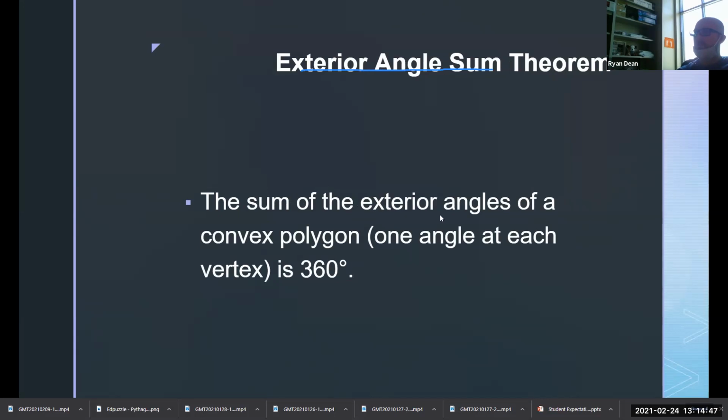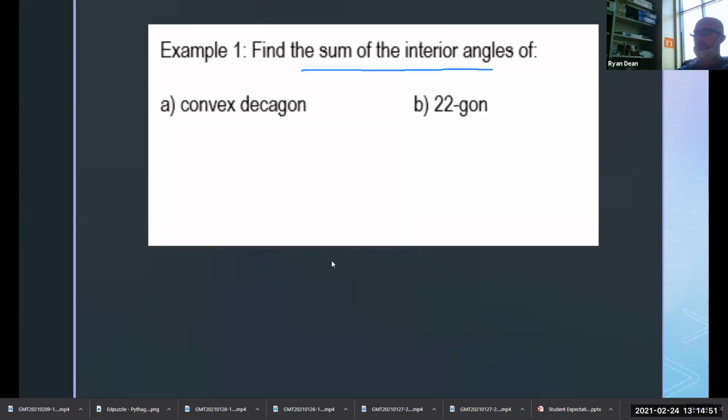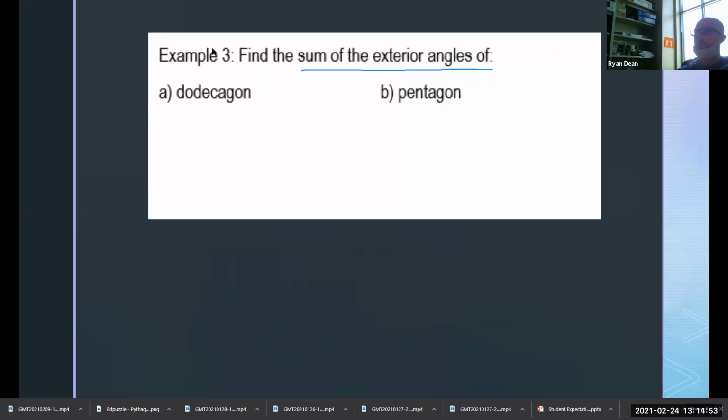The sum of the exterior angles is 360 degrees. So it doesn't matter what kind of shape you have, it's always going to be 360 degrees for both. Okay, trick question. The sum of the exterior angles for both of these is 360 degrees.